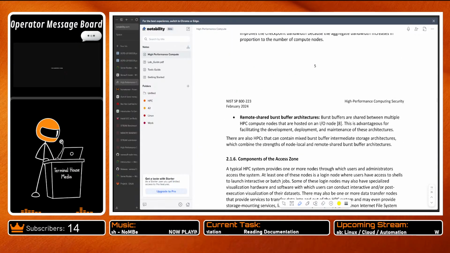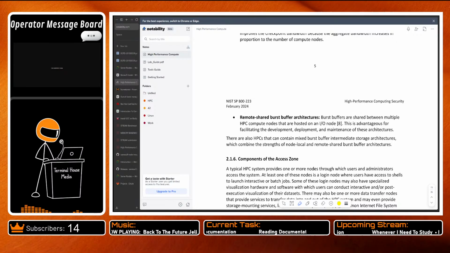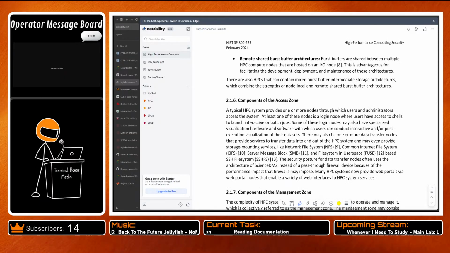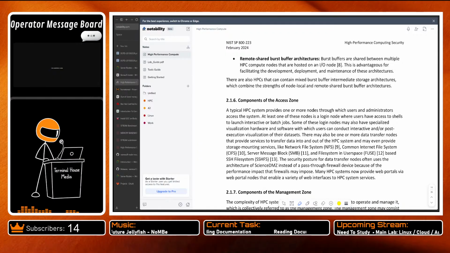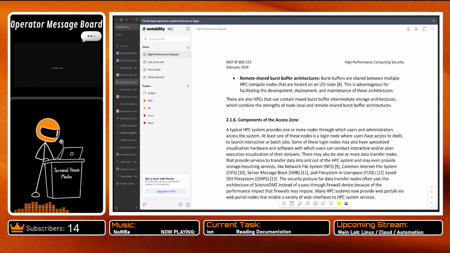Remote shared burst buffer architectures: burst buffers are shared between multiple HPC compute nodes that are hosted on an input-output node. This is advantageous for facilitating the development, deployment, and maintenance of these architectures. There are also HPCs that can contain mixed burst buffer intermediate storage architectures, which combine the strengths of node local and remote shared burst architectures.